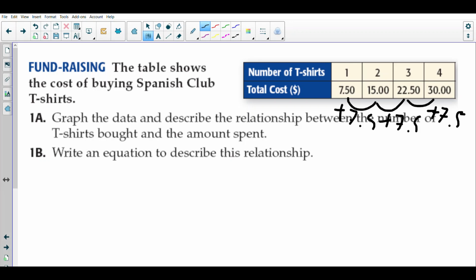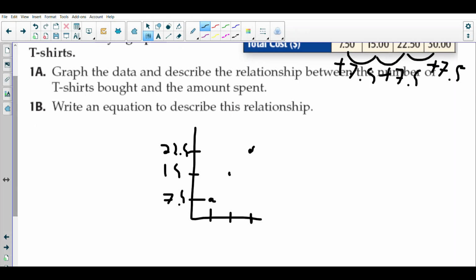So if we were to graph 7.5 and we get 1, we end up right there. 15 and 2, right about there. 22.5, 3, right about there. So it looks like we have another proportional relationship, because if we were to put in 0, we would go right through that spot there. So once again, this is proportional.